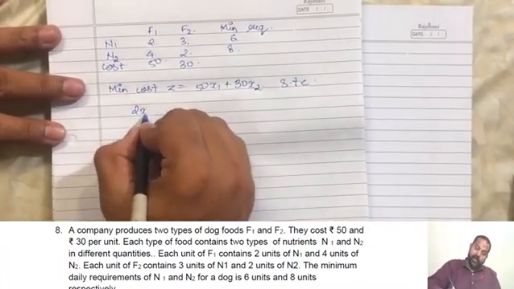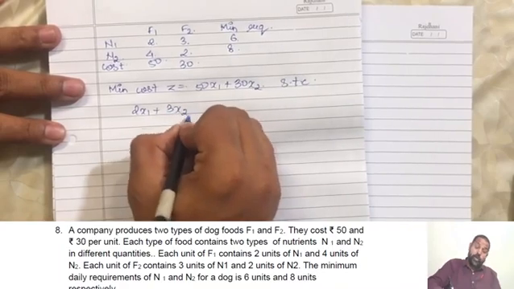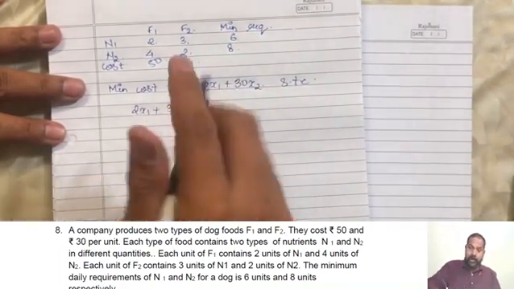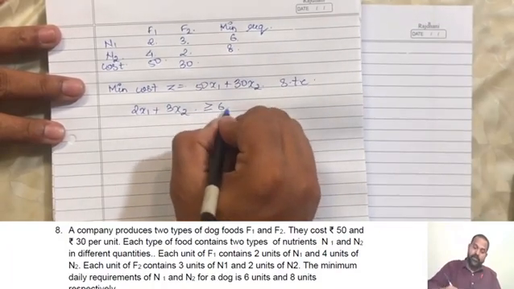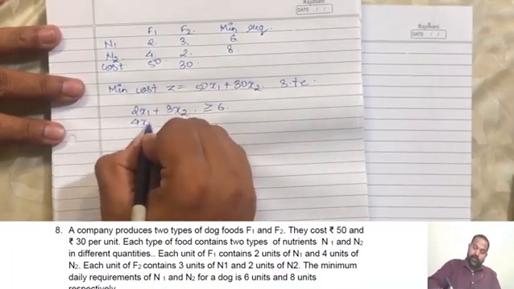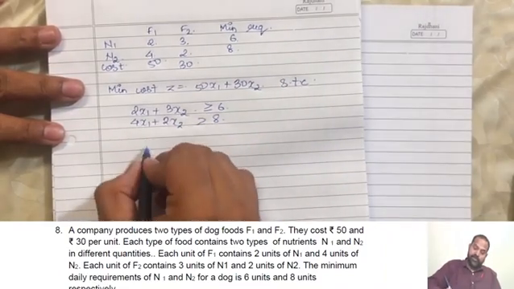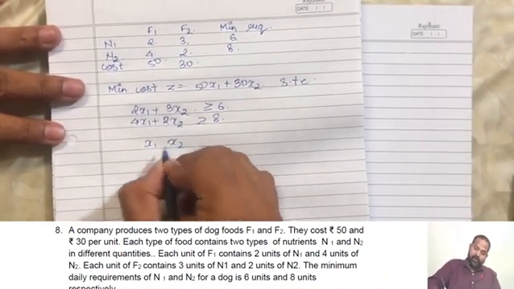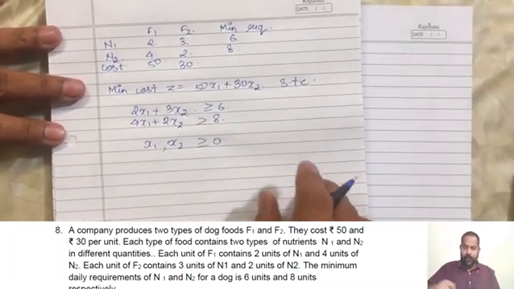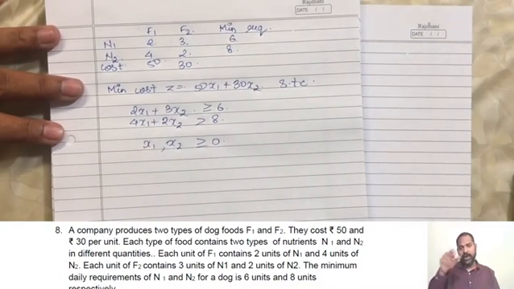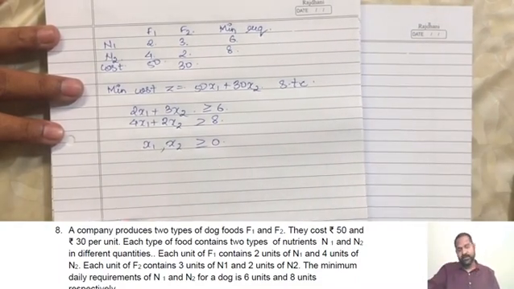Constraint number 1 is 2x1 plus 3x2 should be a minimum of 6, so this total can be greater than or equal to 6. 4x1 plus 2x2 should be greater than or equal to 8, where x1 and x2 are always greater than or equal to 0. Some people write this separately also: x1 is greater than or equal to 0, comma, x2 is greater than or equal to 0. Either way is allowed.